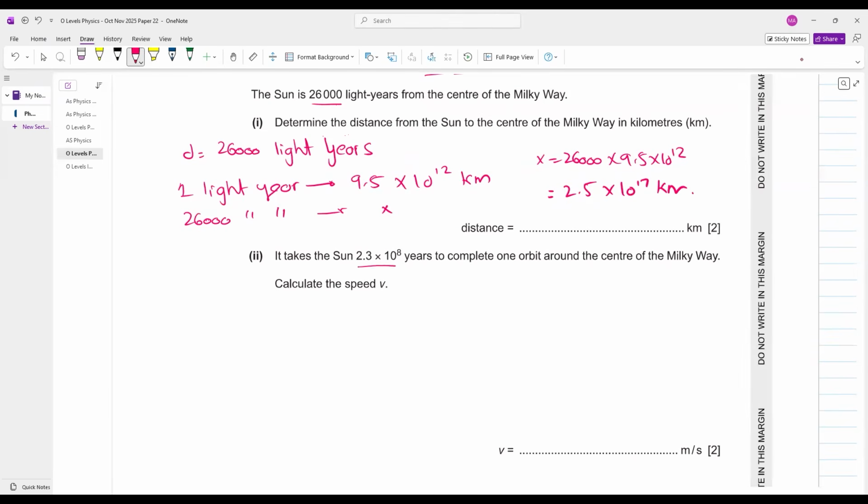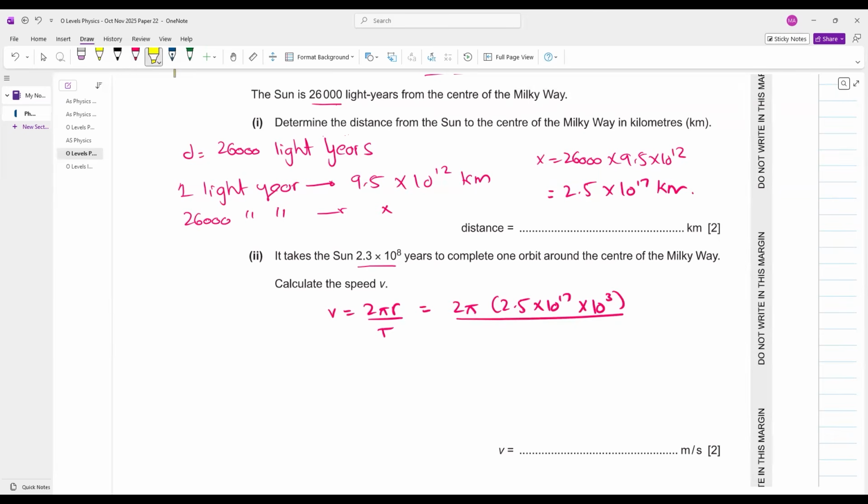The sun takes this amount of time to complete one orbit around the Milky Way galaxy. Calculate the orbital speed. What is the formula for orbital speed? 2πr divided by capital T. 2π, what is your r? 2.5 × 10^17. And you have to add an extra 10^3.